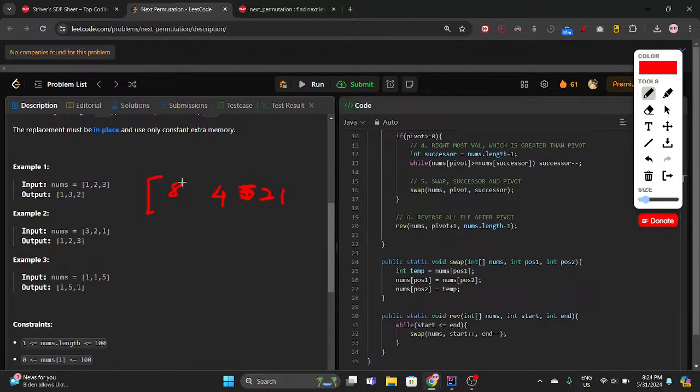So 8, let's keep it 8. This is descending, and here this is the pivot. This is not descending, so we will swap it with the next greatest value.